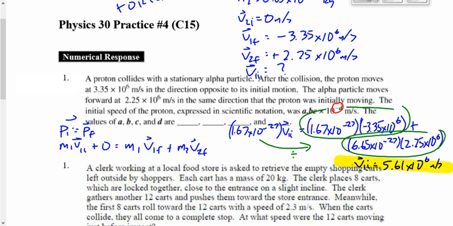We wouldn't expect the final speed to be 10 to the minus something, right? So that's just a typo. That won't happen on a test. It won't happen on an exam either. It just happens in something like this because we don't always catch those things. We don't pay quite as much attention to these things as we do the really important ones. So the answer is 5.61 times 10 to the 6. And we're going to express that as 5616.